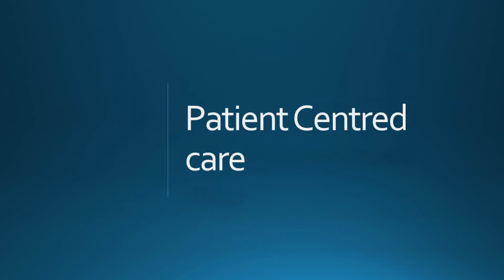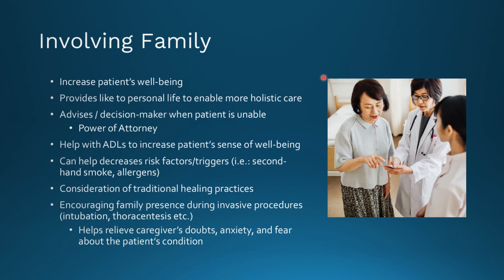So patient-centered care. It's very important for patients who have respiratory or ventilation abnormalities to involve family, as it increases the patient's well-being, provides a more personal level of care, and advises and acts as the decision maker when the patient is unable to.